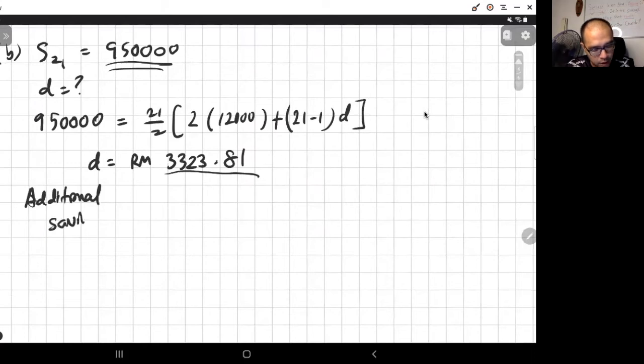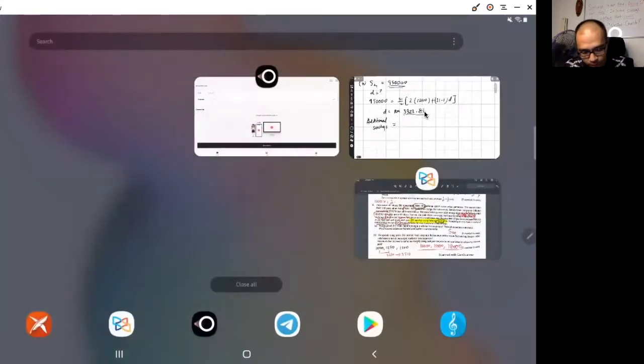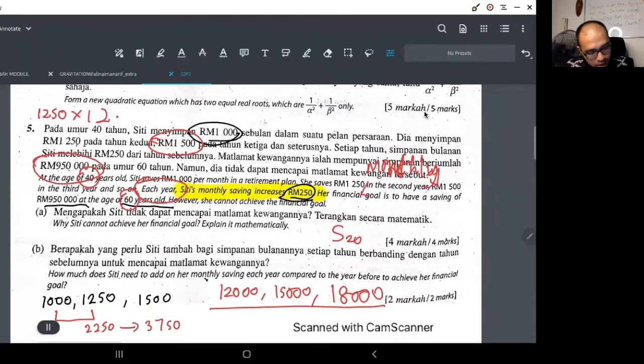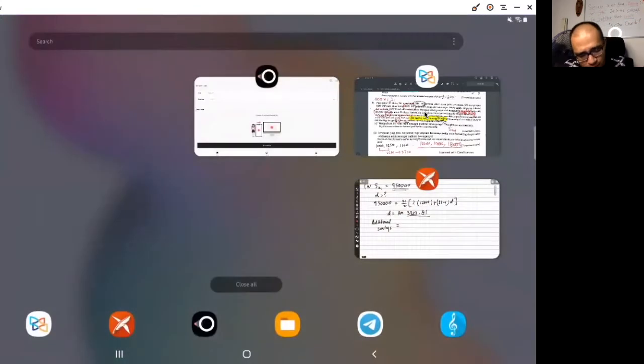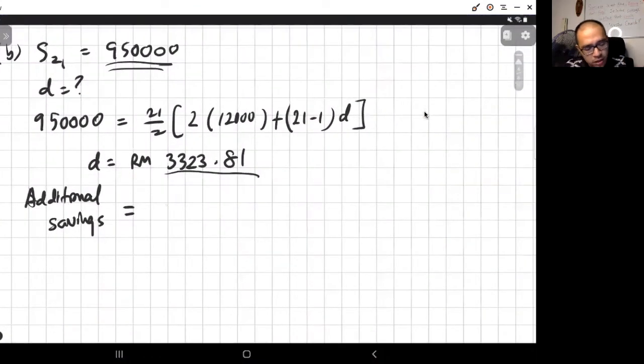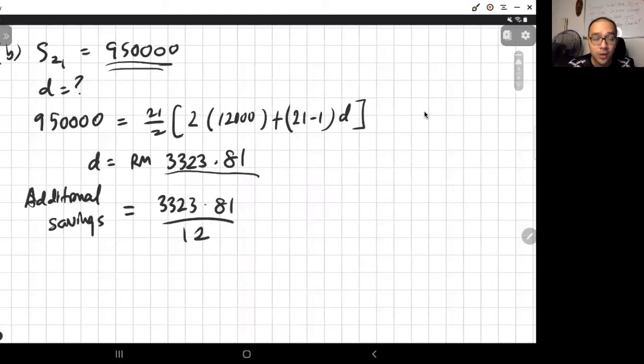Okay, her additional savings will be, hold on. How much does Siti need to add? Berapa dia kena tambah? What kind of question is this with 2 marks only? Okay, so her additional savings will be 3323.81 divided by 12. And then you need to minus the original savings she had, which is 250 per month.